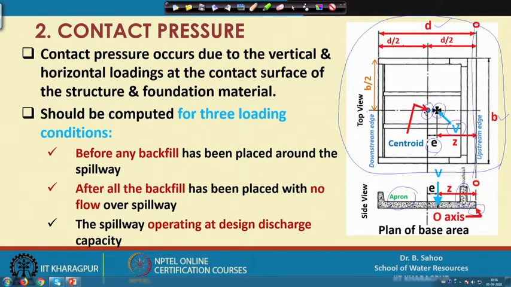So, this e can be either on the positive side of the centroid axis, or on the negative side, that means this side of the centroid.